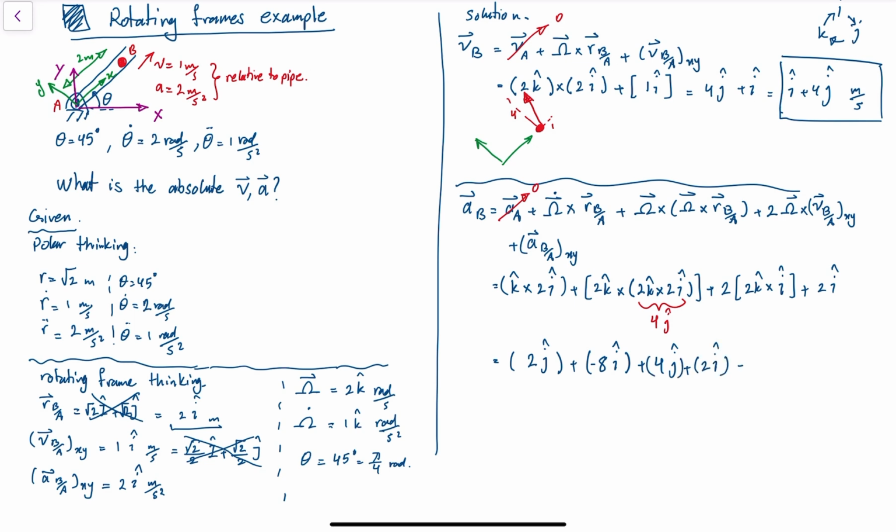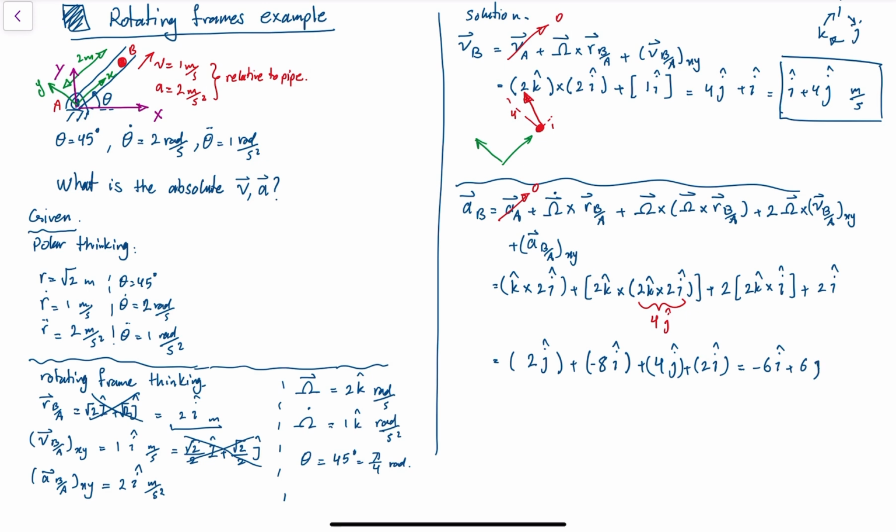All the i's I have sum to minus 6i, plus 6j.